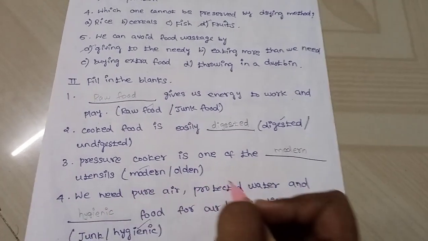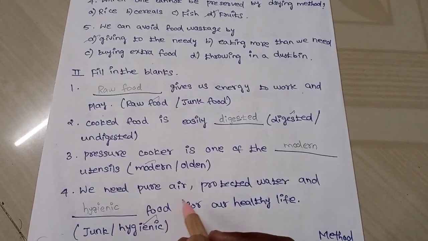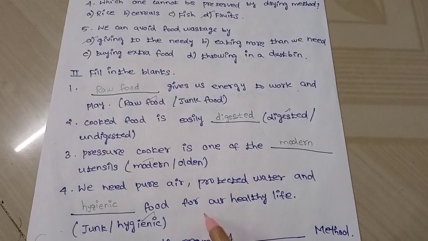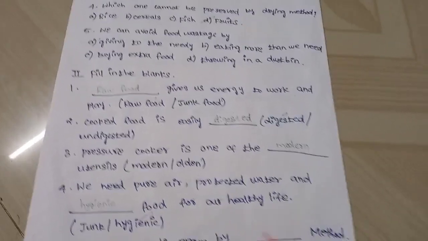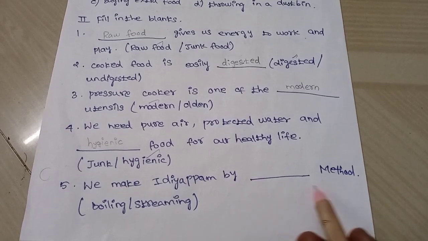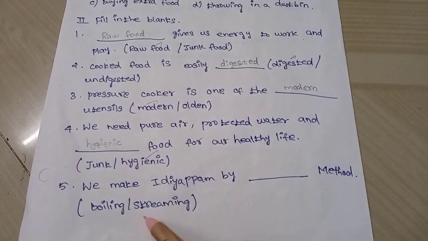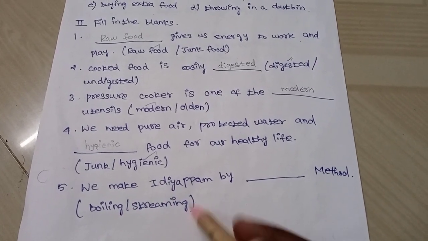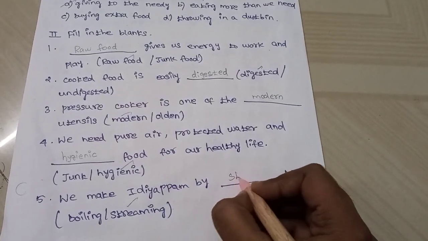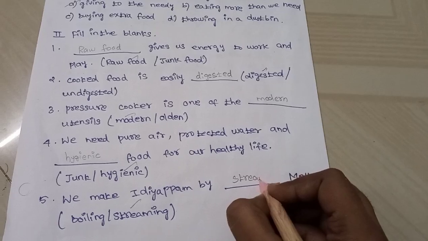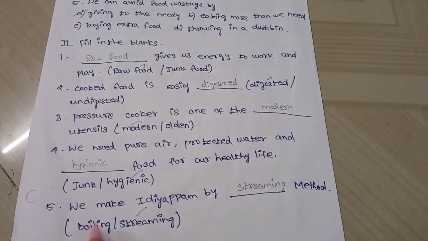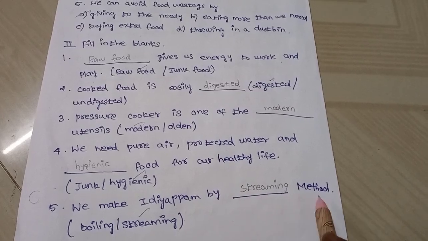We need pure air, protected water and hygienic food for our healthy life. Fifth one, we make idiyappam by dash method, boiling or steaming. So steaming. So we make idiyappam by the steaming method.